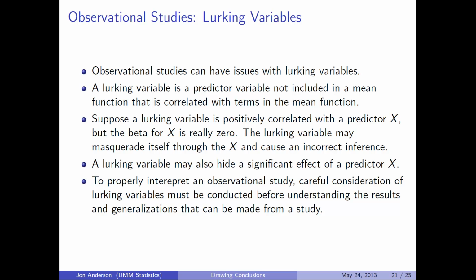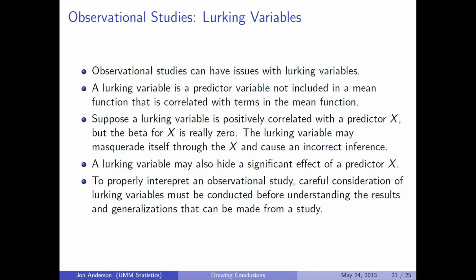Well, a lurking variable, a variable that has not been controlled in the observational study, may artificially masquerade itself through the correlated variable that is in our model, x, and make it look like x is an important predictor and give us an incorrect inference.